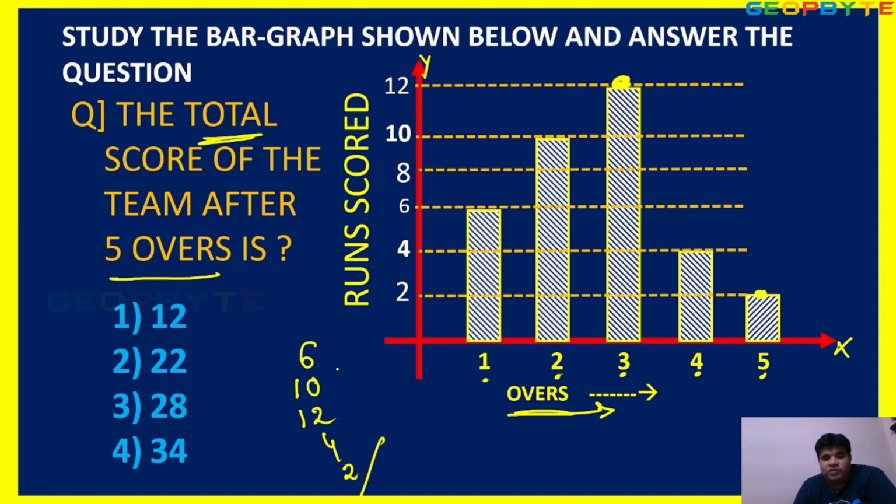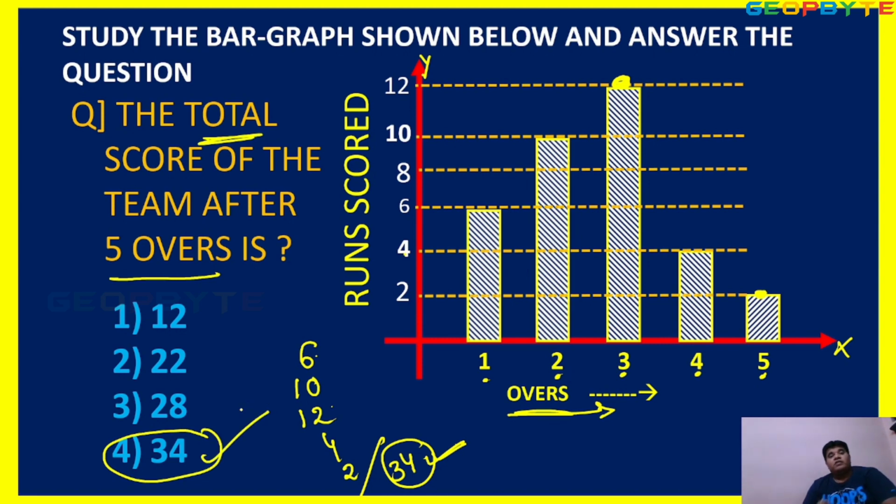So add all the values: 6, 16, 28, 32, 34. The total is 34. Which option is the answer? Option 4 is the answer. Okay, children, got it? Once again, clearly add all the values: 2, 4, 6, 12, 22, 34.